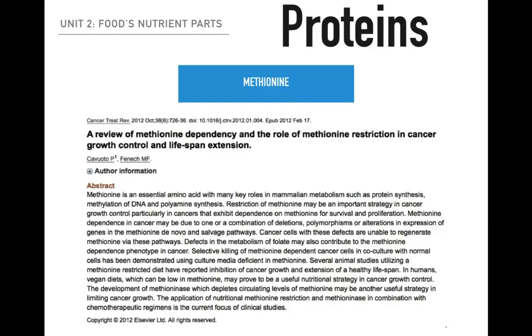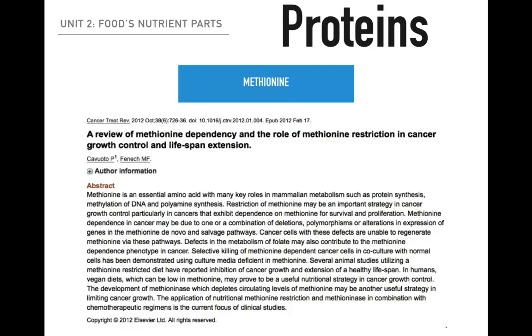So cancer cells appear to be dependent upon a particular amino acid called methionine for survival and proliferation. And methionine restriction has been shown to inhibit cancer cell growth and extend lifespan. But what is a methionine-restricted diet?